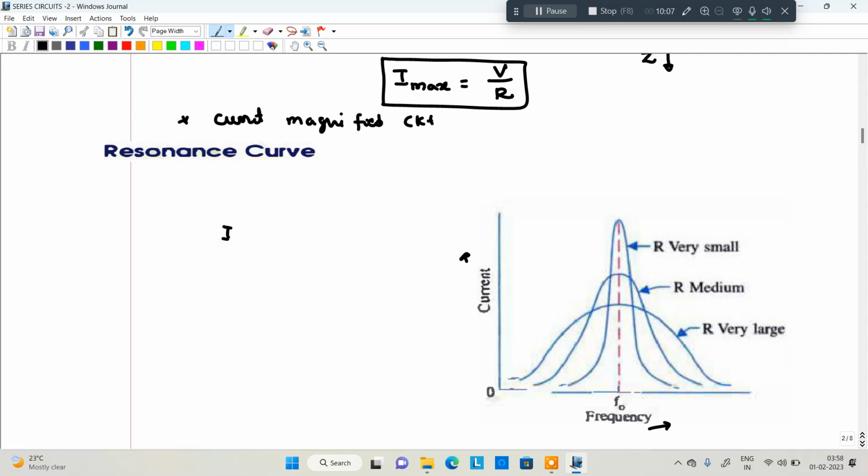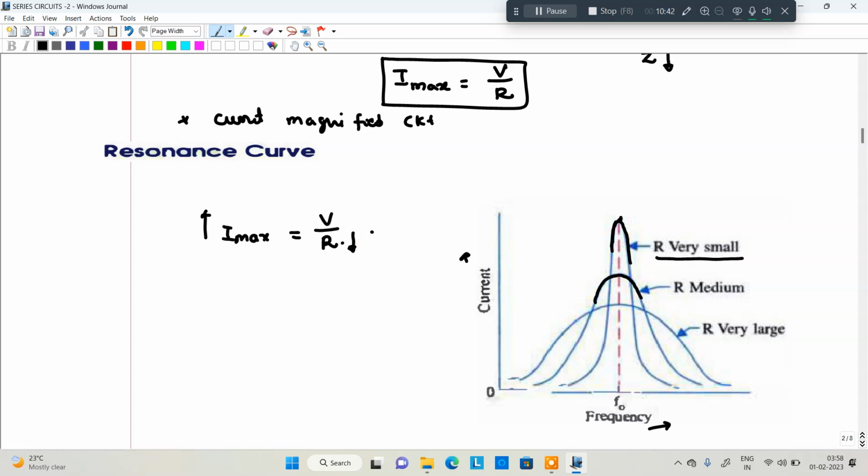Look here, I maximum is equal to V by R, as I just gave. Whenever the resistance value is very small, the current value is very high, that means we are decreasing the resistance and the peak value of current increases. That means the sharpness is more whenever resistance is very small. For example, if the resistance is medium, the curve sharpness is also medium.